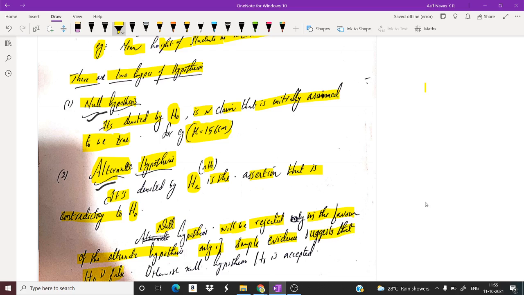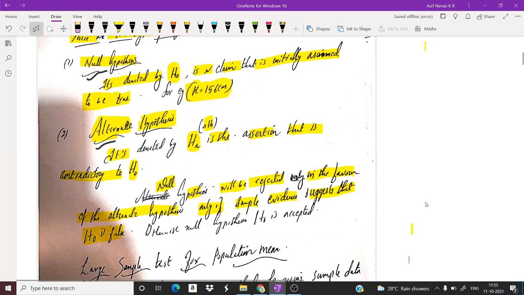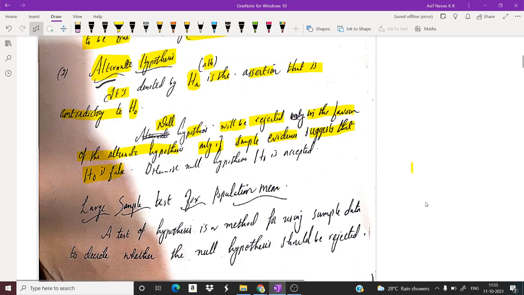So we have an assumption about the population, for example, the mean of the population mu is equal to 156 centimeters.